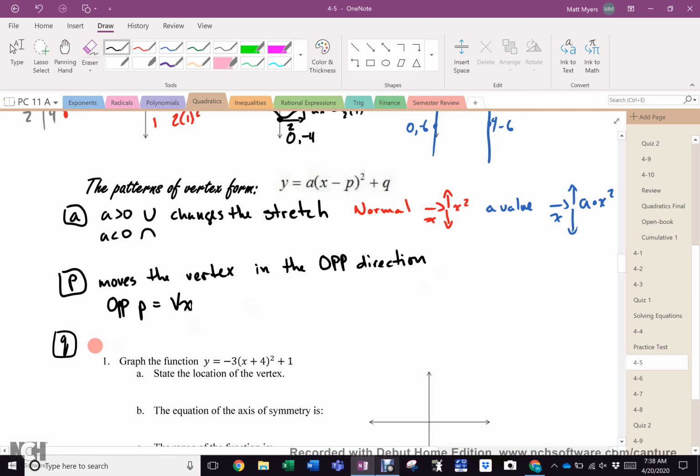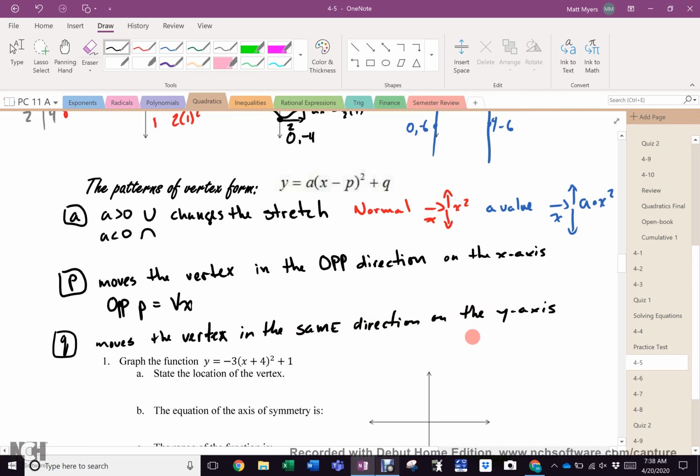Q. Q moves the vertex in the same direction on the y-axis, which means Q equals the vertex y. You don't need to worry about the opposite.